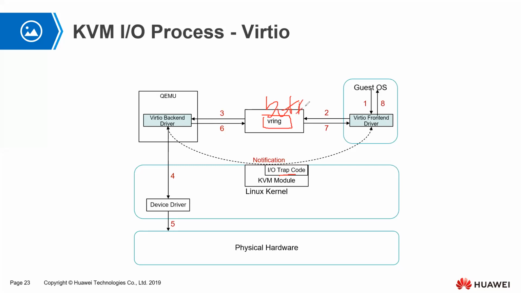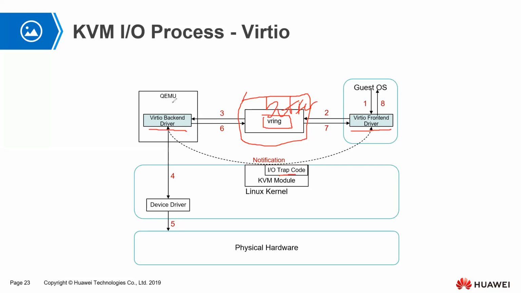Between the front end and the back end driver, we have the V-ring buffer. So the trap code is not trapping the request; it is stored in the V-ring buffer.